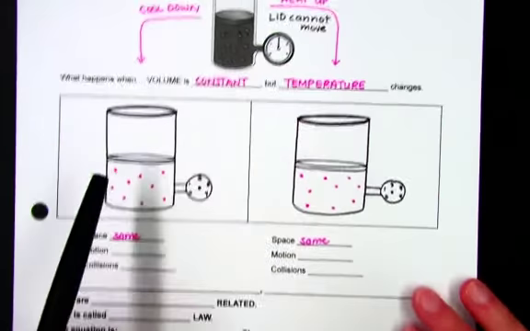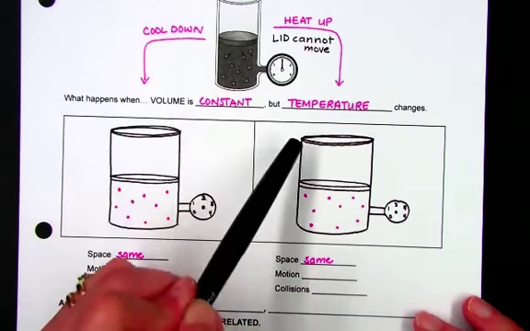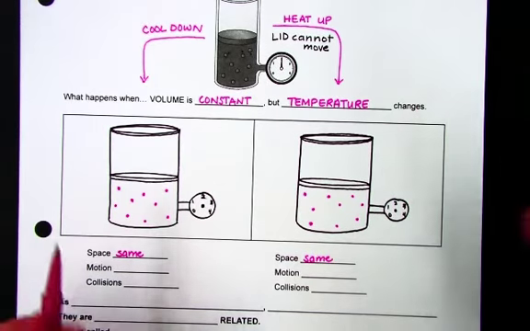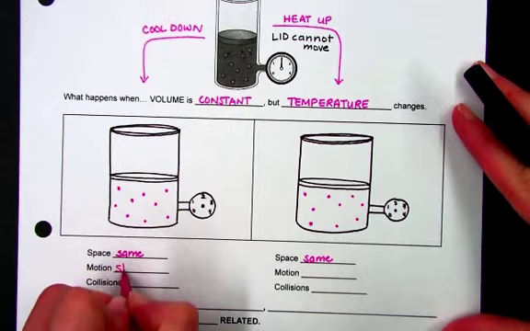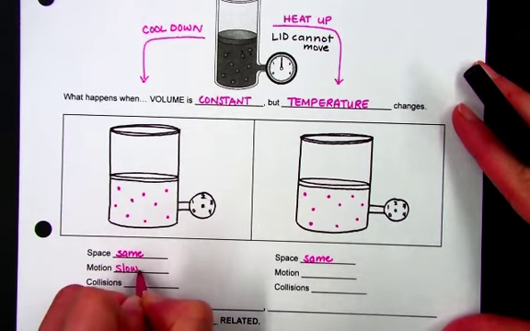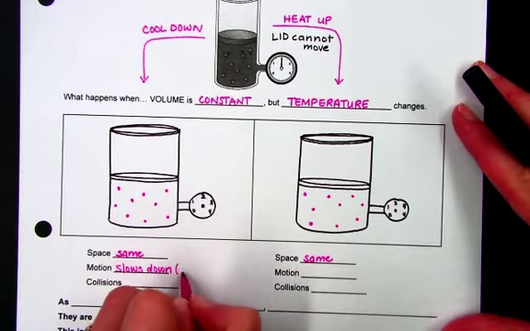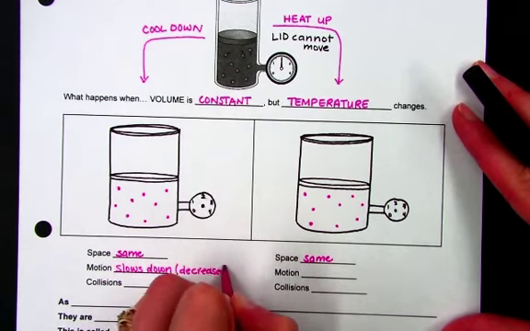When we cool down the temperature, what's happening to the motion of the particles? Yes, they slow down. Or, in scientific terms, we would say that it decreases.